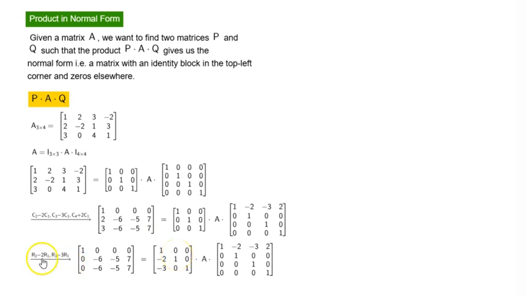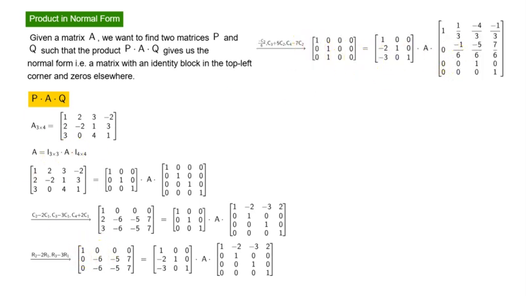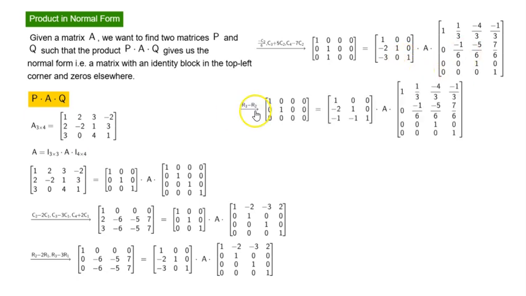Again, which operations we apply depends on how to bring these into normal form. We apply these operations to this, and we apply the operation to this to arrive at these two matrices, R3 minus R2.